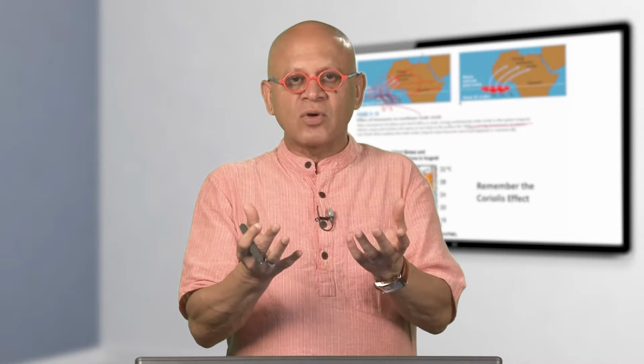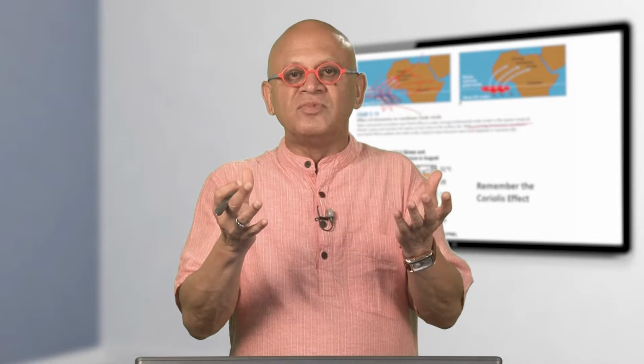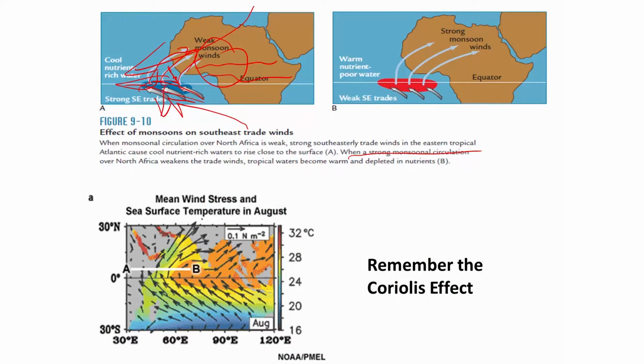Upwelling means cold waters are coming up, and in the ocean it turns out that deeper colder waters have more nutrients like nitrate. So, when cold waters come up, the nutrients also come up, and if they come up near the surface where there is light, then the algae are going to be able to photosynthesize, because now there is light available and nutrients available.